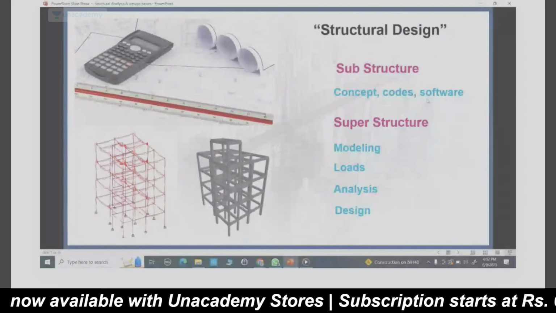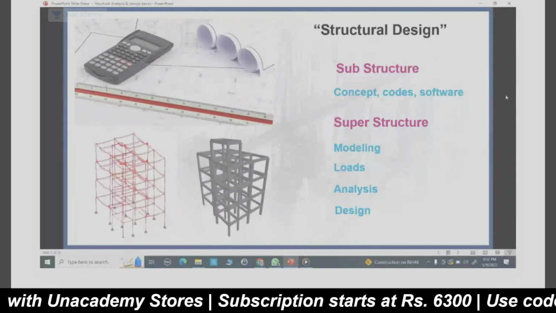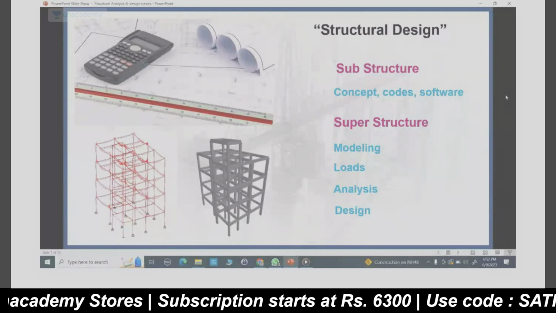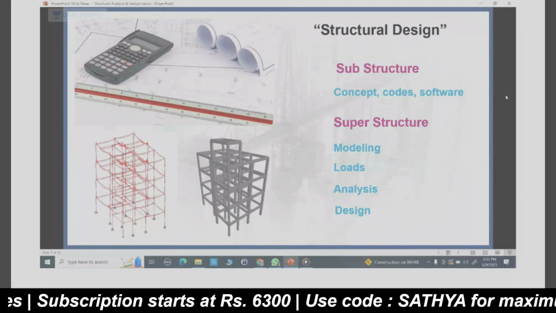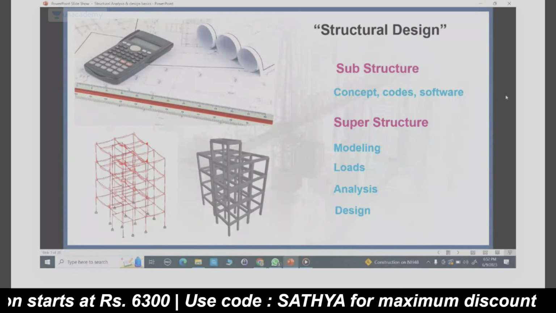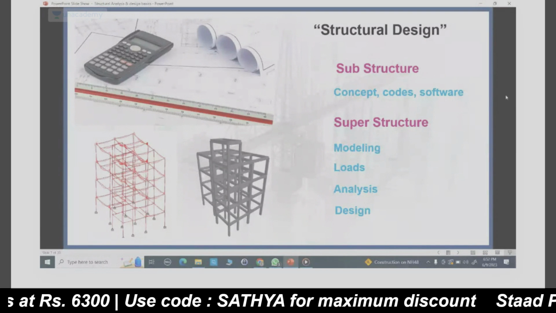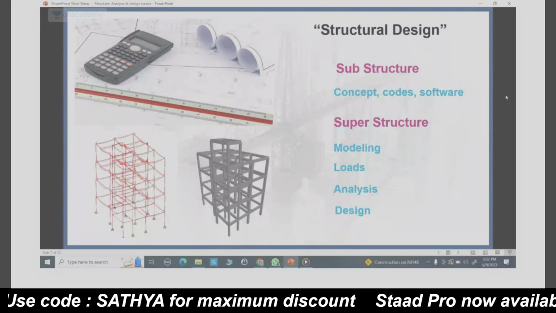And then next, coming to code. As you know, we are following Indian standard codes. We have so many codes. We need to follow IS 456:2000, and IS 875 Part 1 is for dead loads. IS 875 Part 2 is for live loads, and IS 875 Part 3 is for wind load.